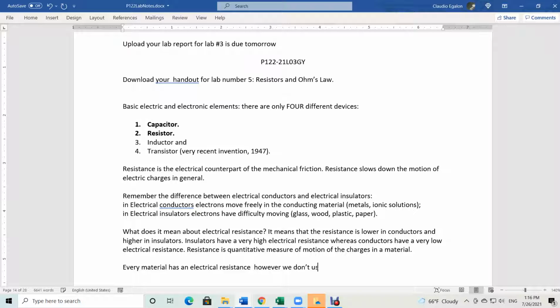However, we don't use just any material that is available out there as a resistor in our circuit. What we do is buy resistors from electronic stores.